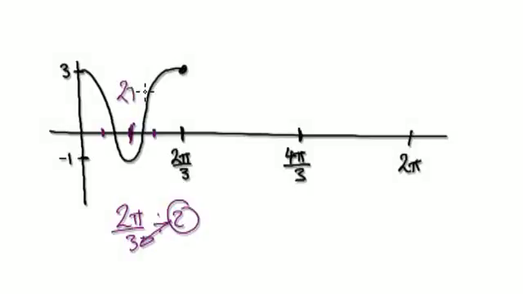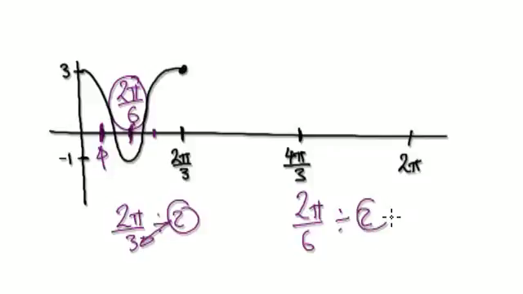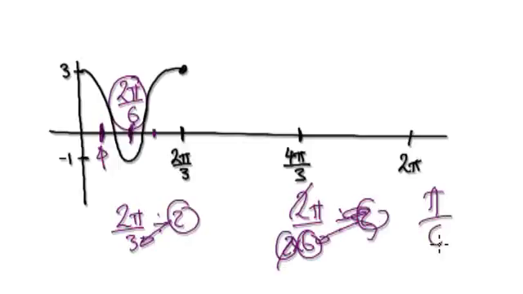This thing here will be 2 pi over 6. To find this point, get that thing divided by 2, which gets multiplied to the bottom. So it'd be 2 times 6 here, and then these two cancel out, giving pi over 6. So this point here is pi over 6.